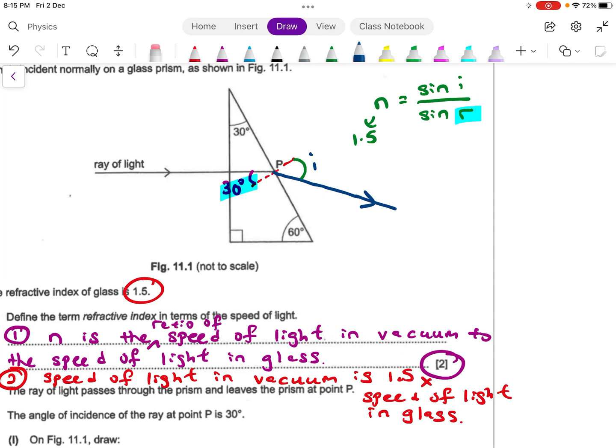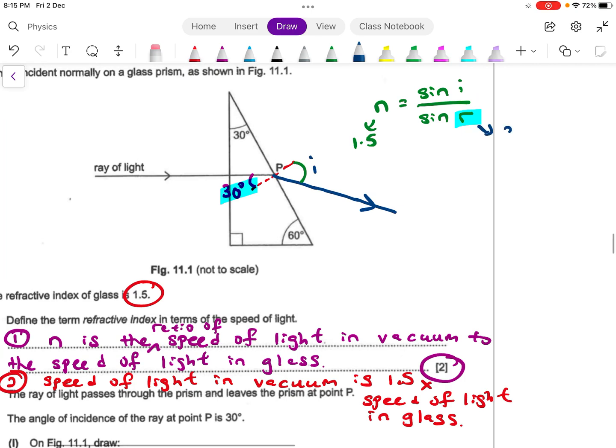Because if you put it the other way around, you will get the wrong conclusion. So r is 30 degrees: 1.5 equals sine i over sine 30 degrees.